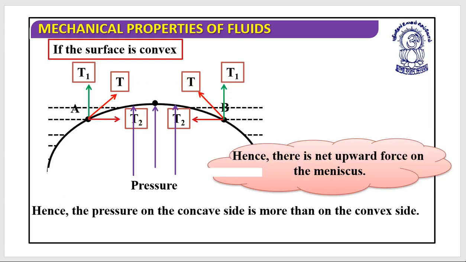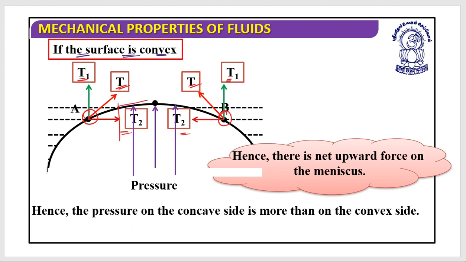Let's look at this situation, if the surface is convex. Let's take these two points, point A and point B. If these two points are there and I draw the tangent on this line, then this is T1, this is T1, this is T2, this is T2.